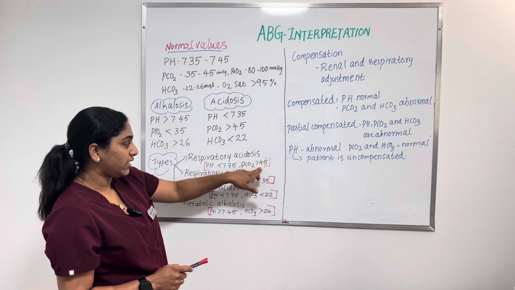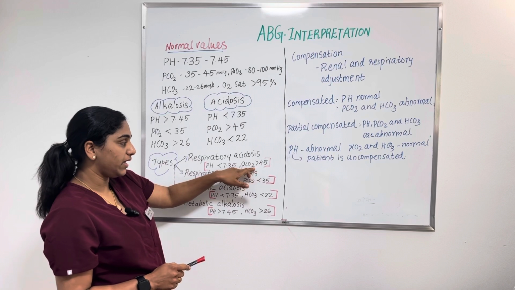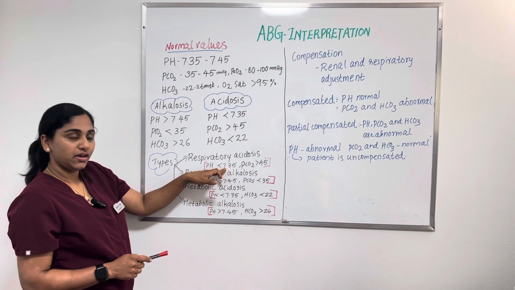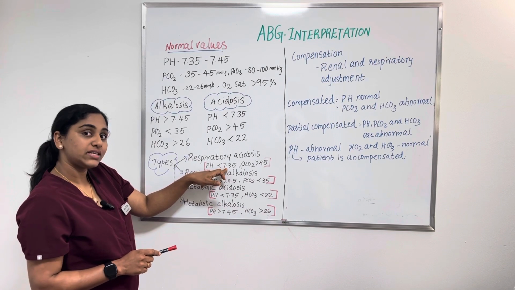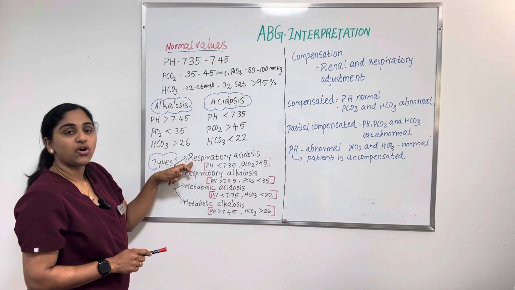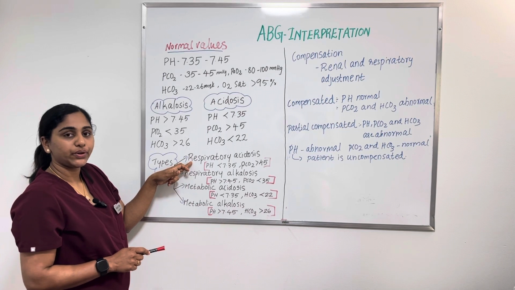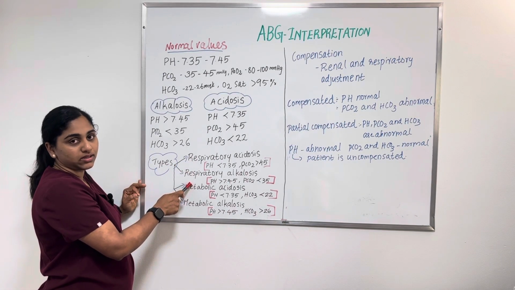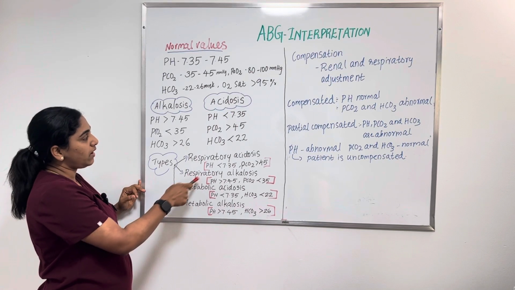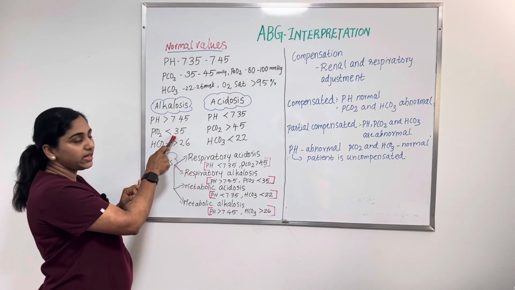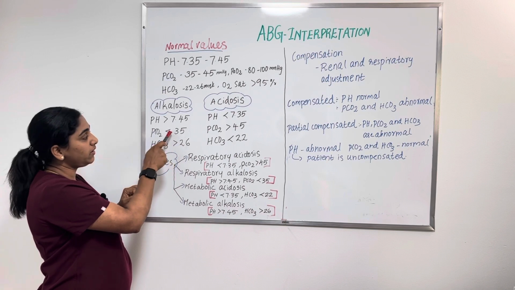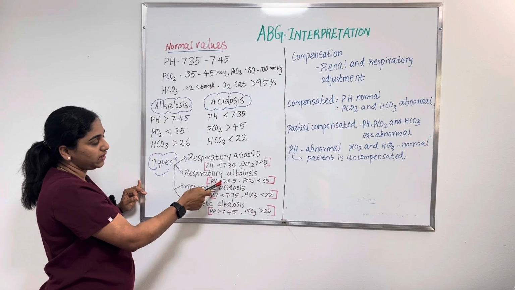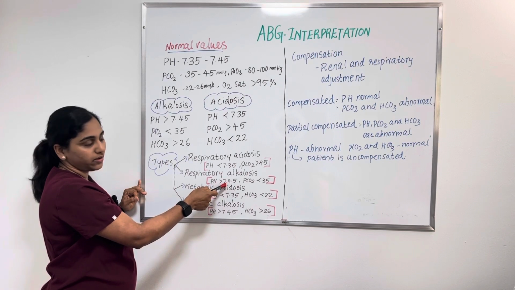So, if it is greater than 45, it shows acidic, and the pH should be less than 7.35. That is called respiratory acidosis. The other one, respiratory alkalosis. In alkalosis, the carbon dioxide can be below 35, so the pH can be more than 7.45.